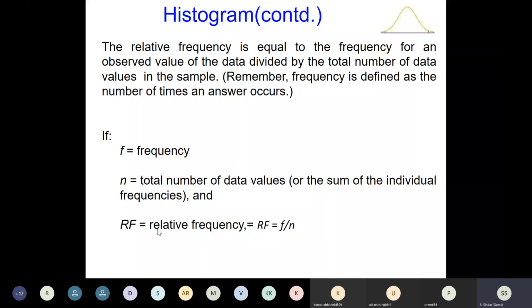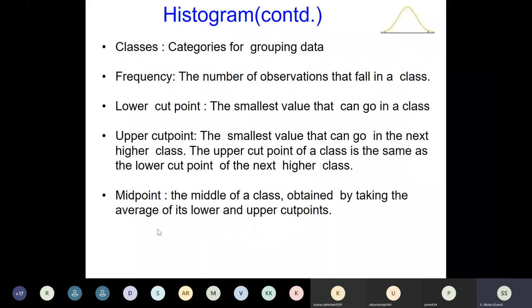Now, whenever we say all these things, most of the time in a histogram we always try to group some data, and we say that these are classes. As I said earlier also, the frequency is nothing but the number of observations that fall in a class.